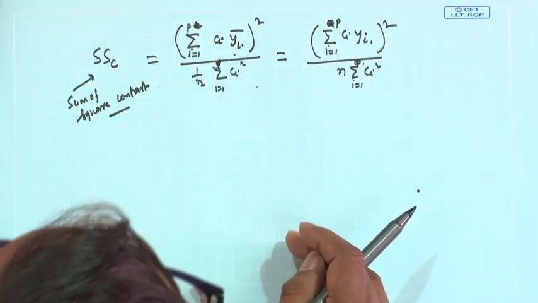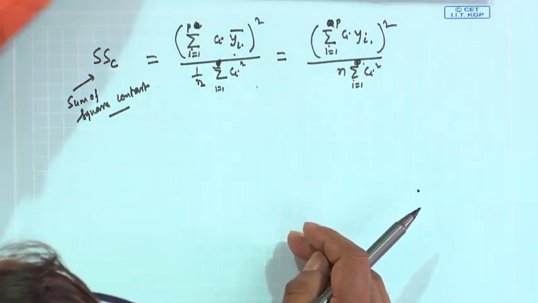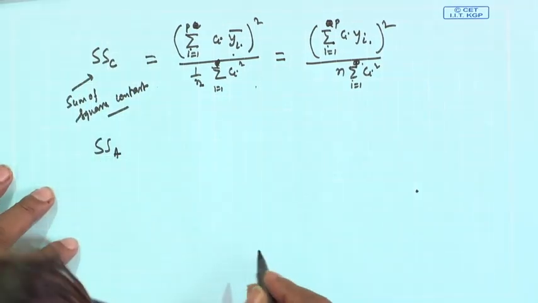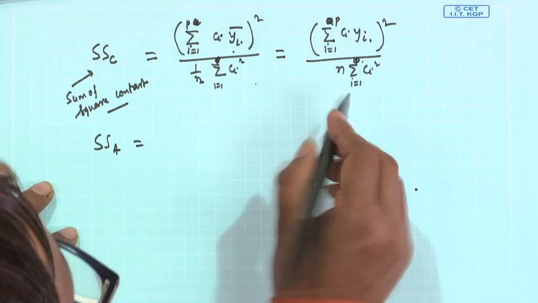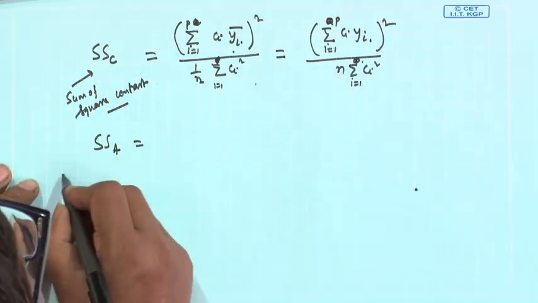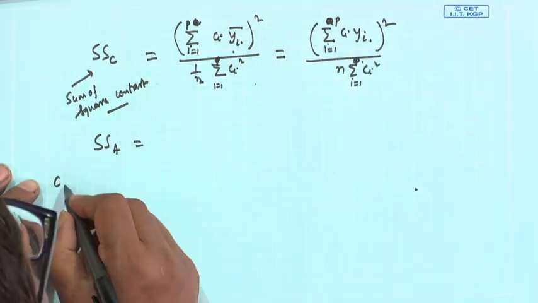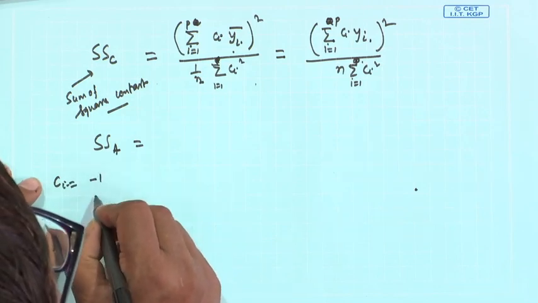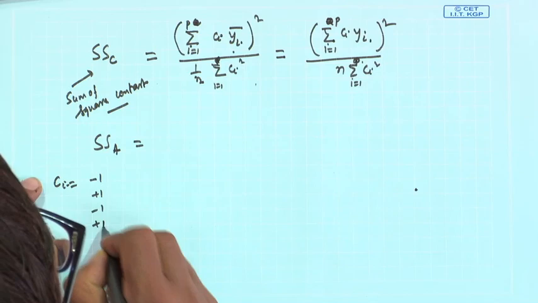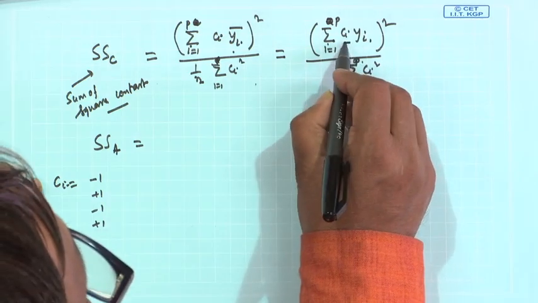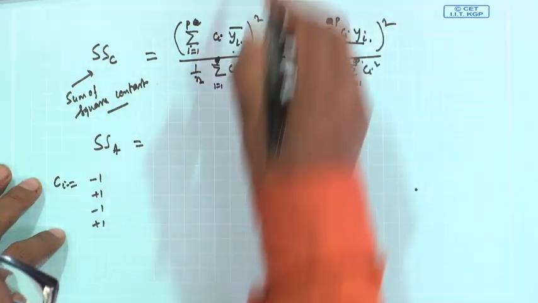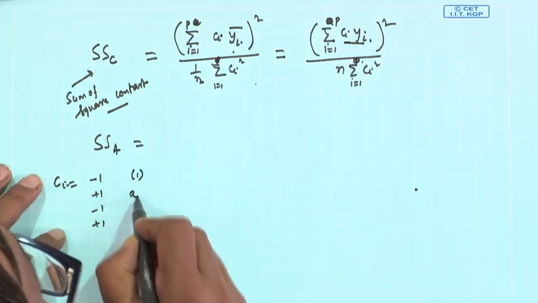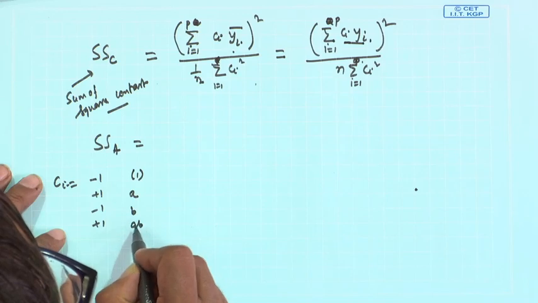So, now if I want to know the contrast for SSA, then what will I write down? What is C A for me? The C i's values are -1 +1 -1 +1. So, I have to multiply this by the total. Total is here, when it is -1 it is 1, this is A, this is B, this is AB.